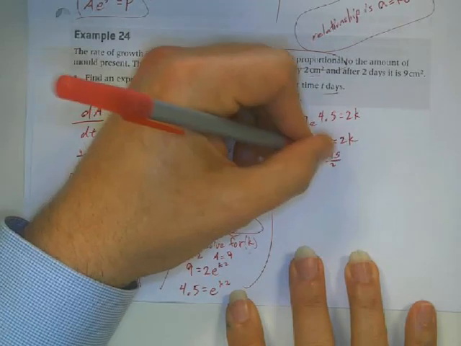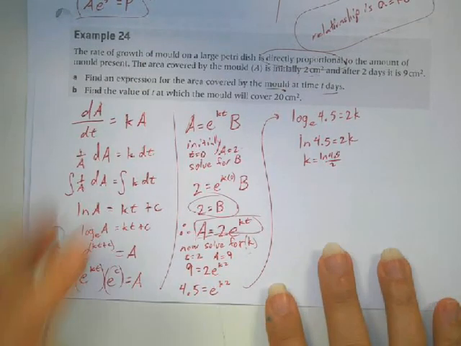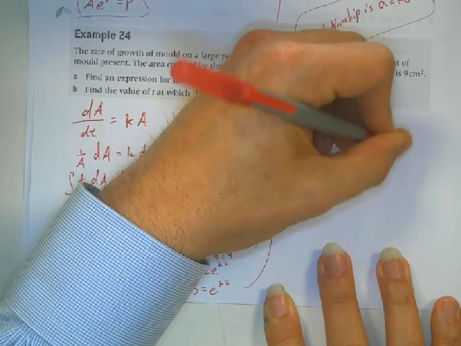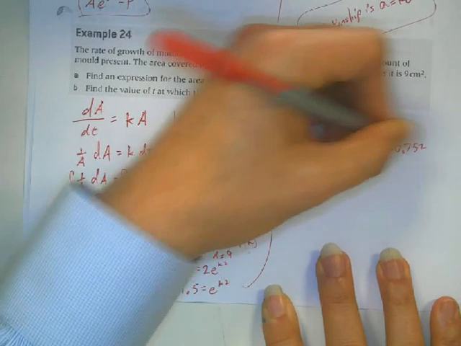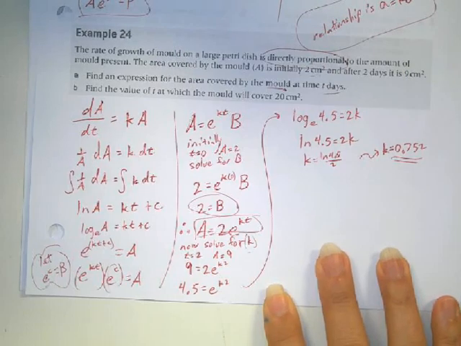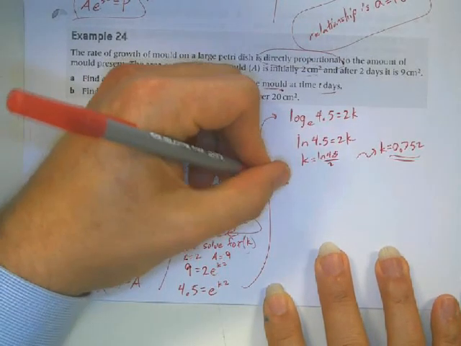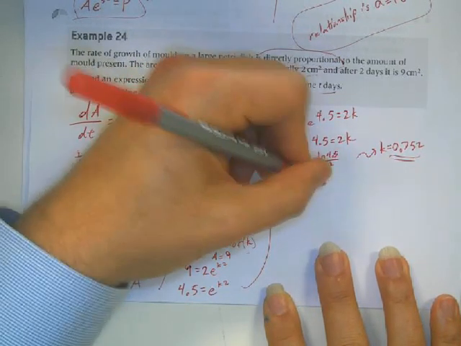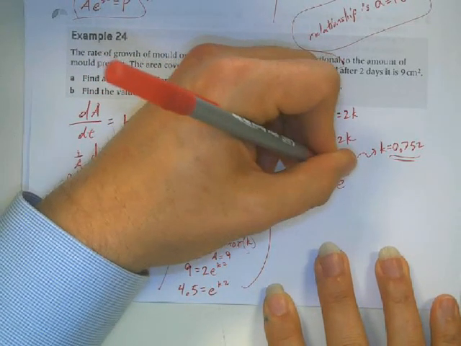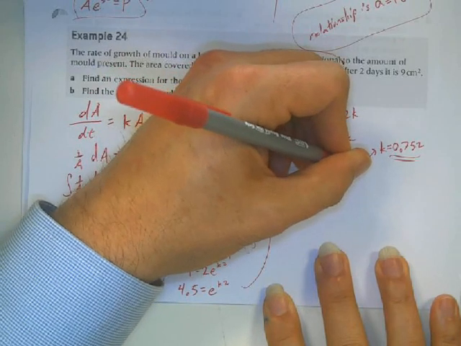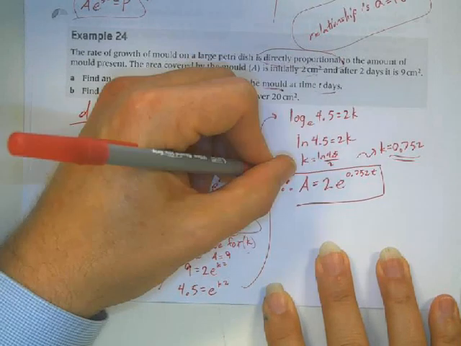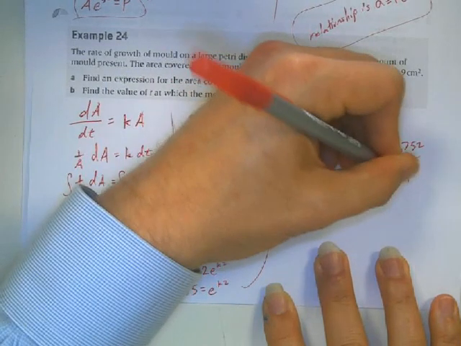And I can plug that into my calculator, and I get k equals 0.752. So my particular solution is that the area is equal to 2 times e to the power of 0.752t. And that is my particular solution.